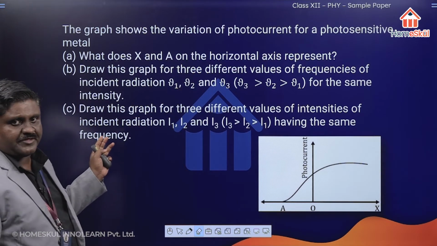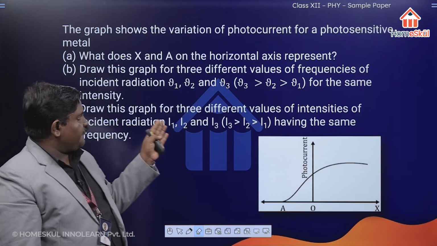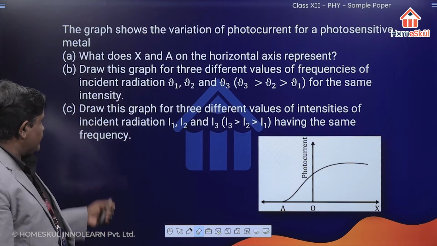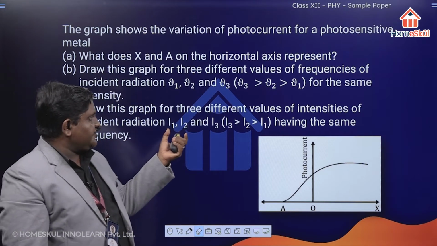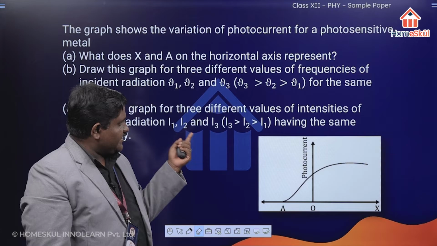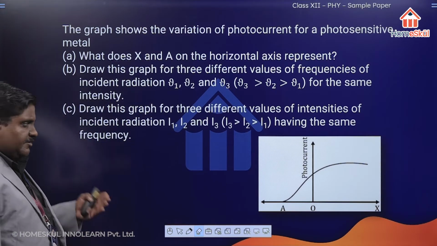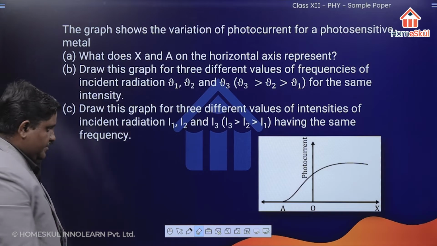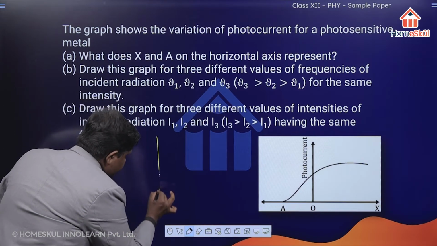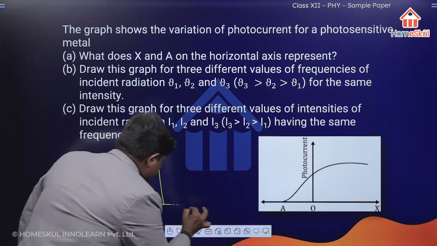Then for sub-question C, draw this graph for 3 different values of intensities of incident light, I1, I2 and I3, with I3 greater than I2 greater than I1, having the same frequency. The frequency is the same but the intensity is different.